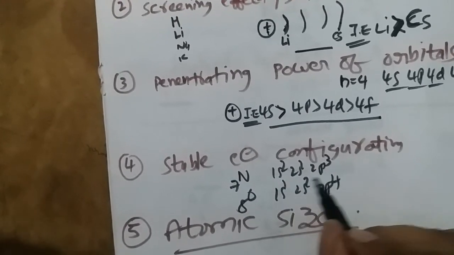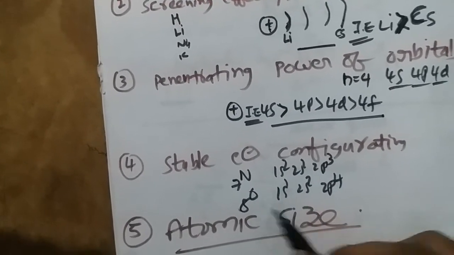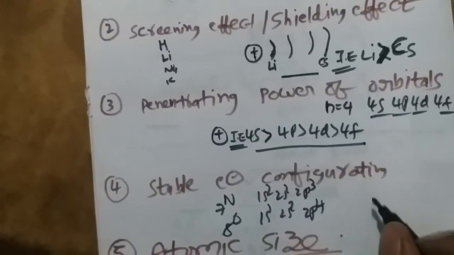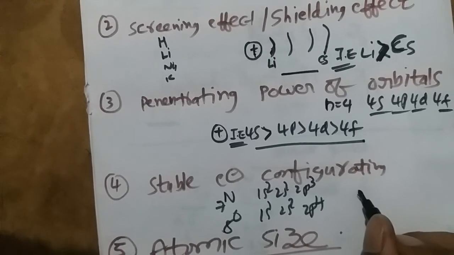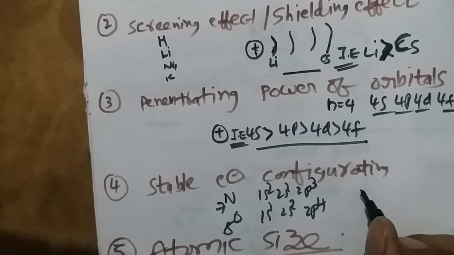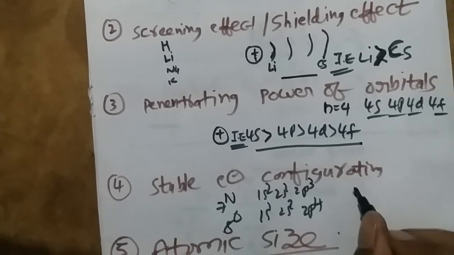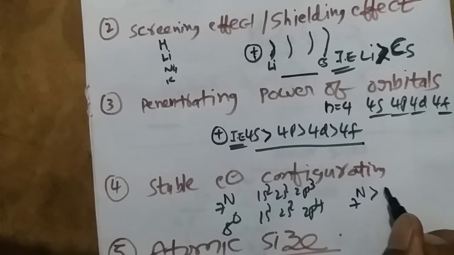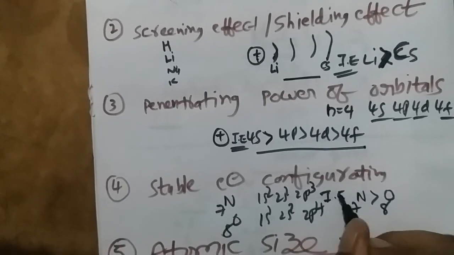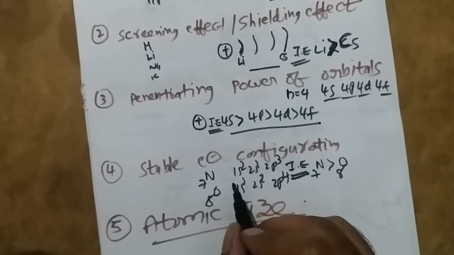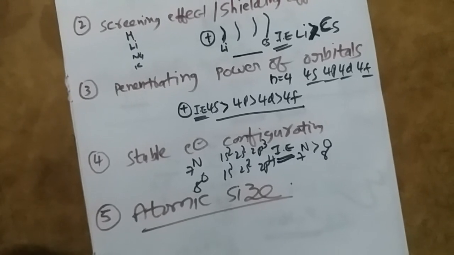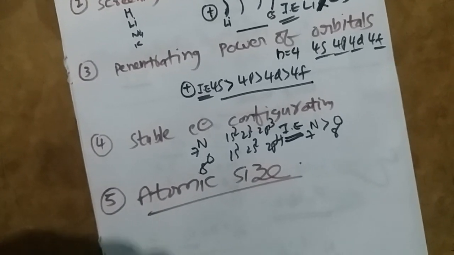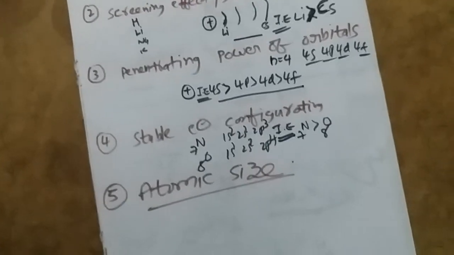So nitrogen has more stability compared to oxygen, and removing an electron from the outermost orbital of a stable atom is difficult, so the ionization energy will be more. So the ionization energy of nitrogen is more compared to oxygen. This is one example: if any element has a stable electron configuration, removing an electron from its outermost shell becomes difficult.